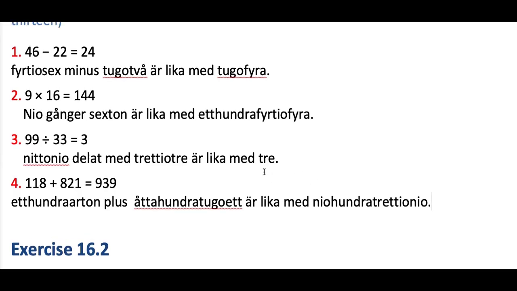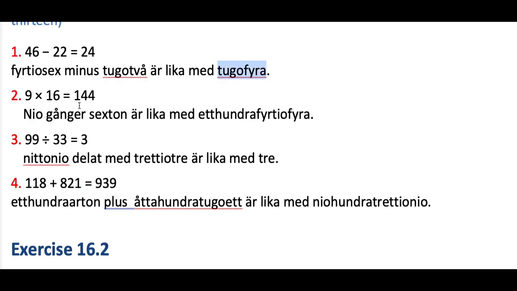We can go check it again. That is 46 minus shugi wo. Always pronounce 20 as shugi. Written it ends on o, but we will pronounce it as shugi. Shugitvo or likamid are equal to shugi fira.